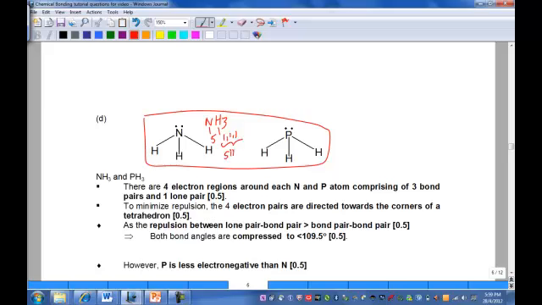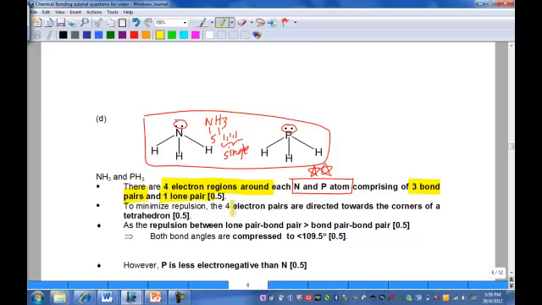So this one should be a single bond, and in this case, 1 lone pair left over. Similarly for phosphorus, 1 lone pair left over. That's why we have 4 electron regions around. Please, you need to specify around the N and P atom. So 4 electron regions, with 3 bond pairs and 1 lone pair.